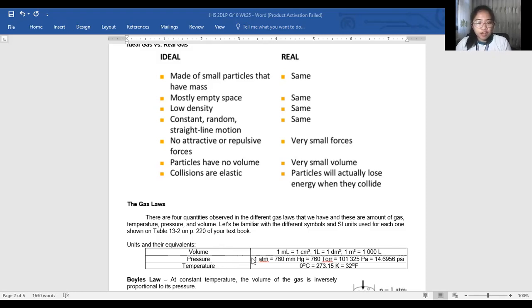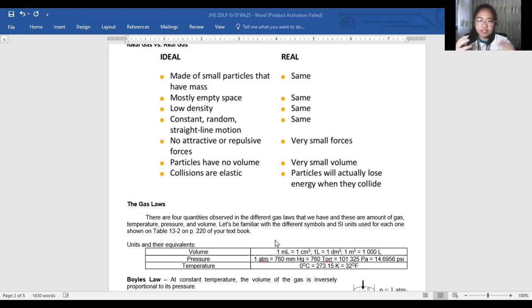So for volume, we have your 1 ml equals 1 cubic centimeter or 1 liter equals 1 cubic decimeter or 1 cubic meter is equal to 1,000 liters. Ito naman pressure, we have 1 atmosphere equals 760 millimeters mercury. Kaya siya 760 millimeters mercury kasi meron tayong experiment. Yung picture niya nasa textbook nyo. Tignan nyo na lang.